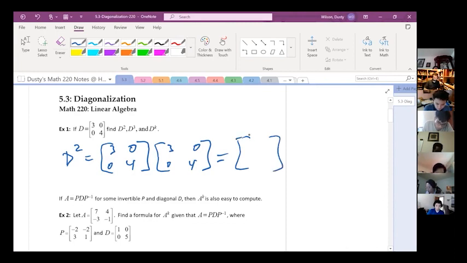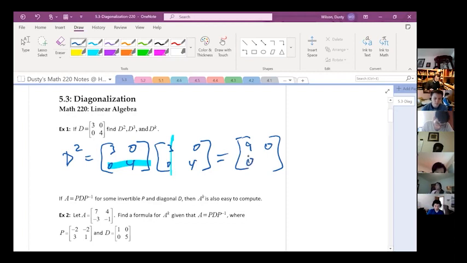What's the product? So I have row times column is 9. And then row times second column, 3 times 0 plus 0 times 4, that'll be 0. And then the next row times column, that's going to be 0.